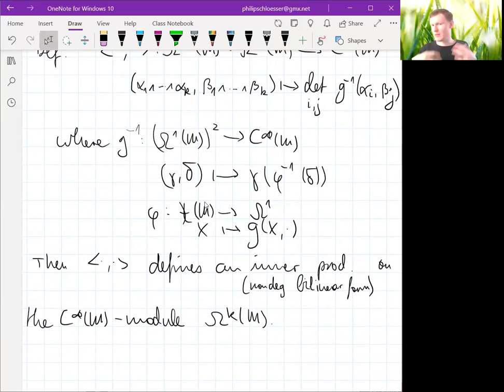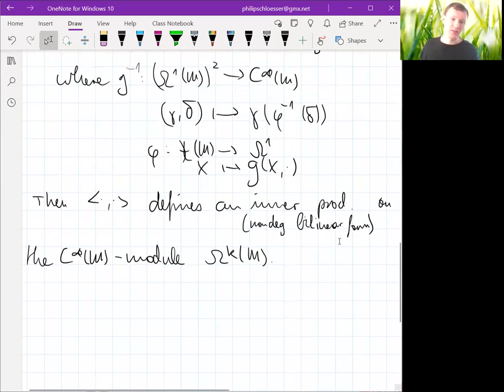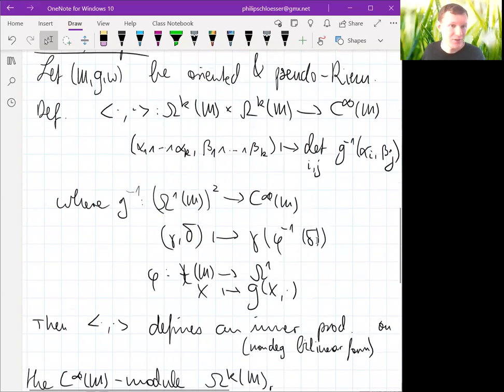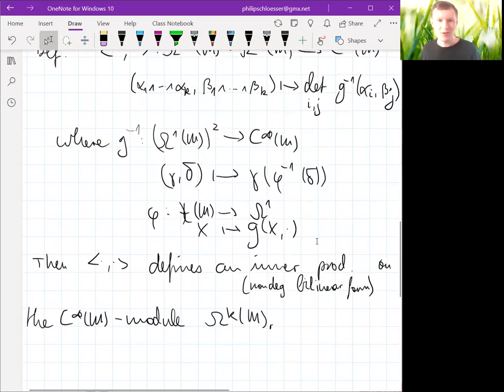Notice that k can be any integer between 0 and n. And the fact that this is indeed an inner product means that we get some Riesz-type result, but I'm going to talk about this right now after I've shortly mentioned something about the proof.